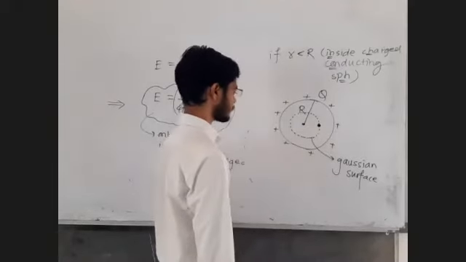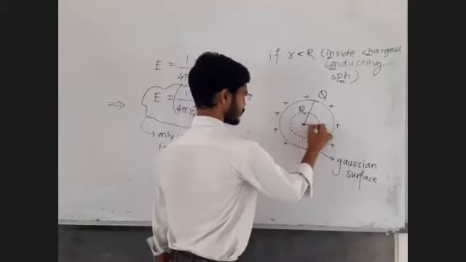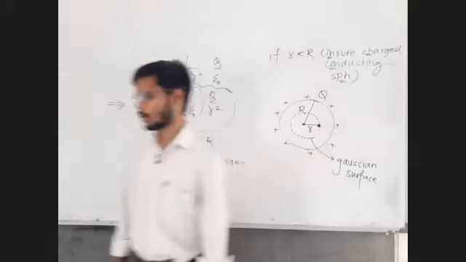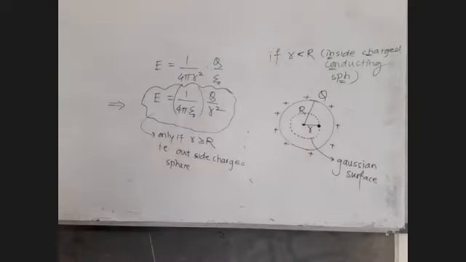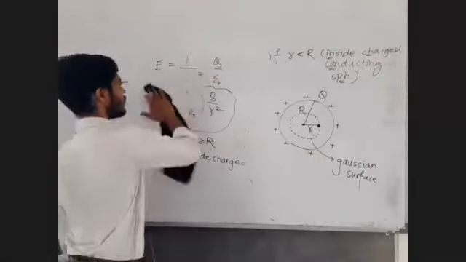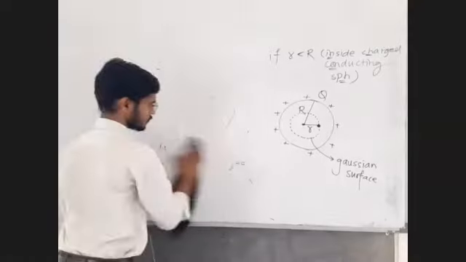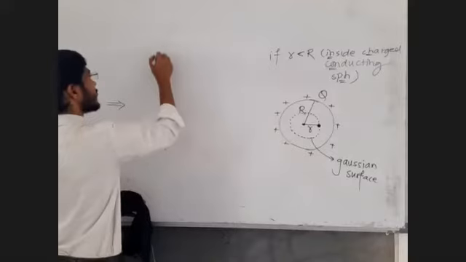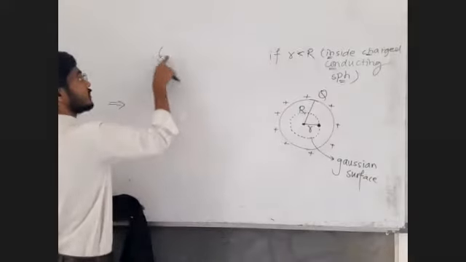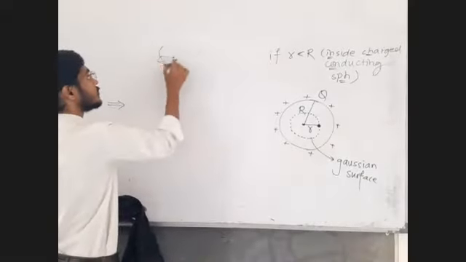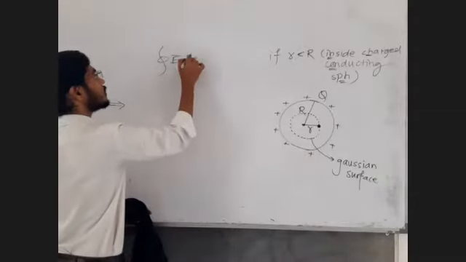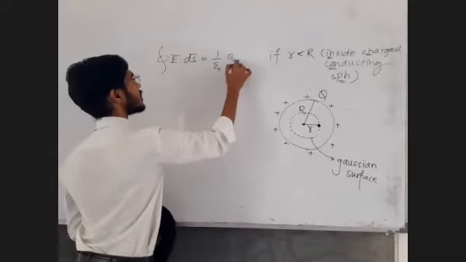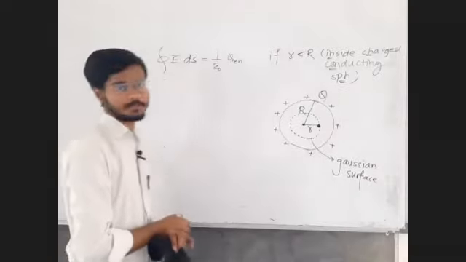Gauss theorem says closed integral E bar dot ds bar, that is the surface integration of electric field over any closed surface, is equal to 1 upon epsilon 0 times the charge enclosed by the Gaussian sphere.